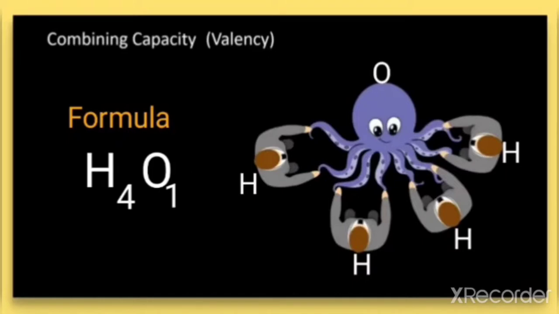Similarly, when we talk about atoms, atoms also have combining capacity, that is called valency. So here the valency, or the combining capacity, gives a formula.